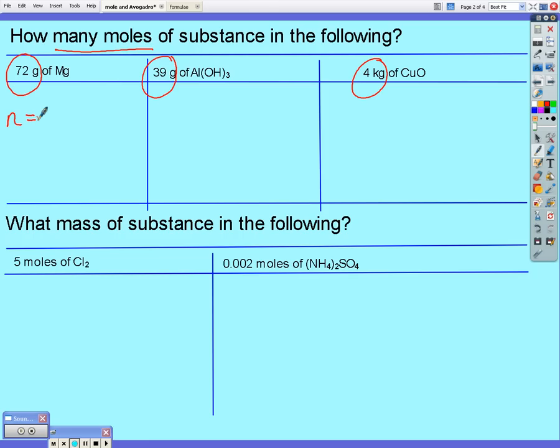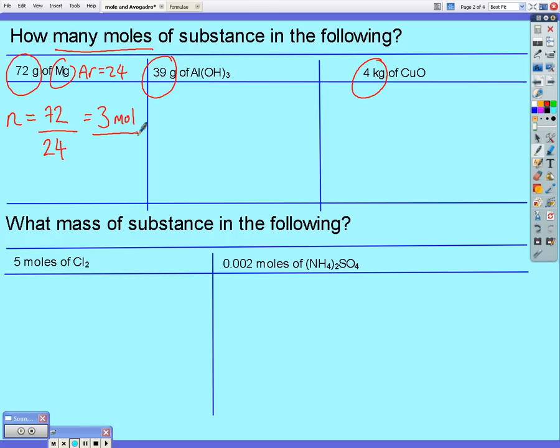Okay, welcome back. The relative atomic mass of magnesium, we'll see, is 24. Ar is equal to 24. So the mass of magnesium is 72 grams. Divide it by the molar mass, 24, and we get 3 moles of our magnesium. You'll notice that I've just shortened moles to mol.